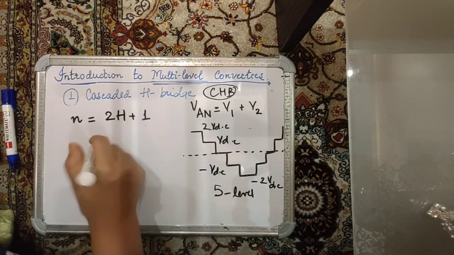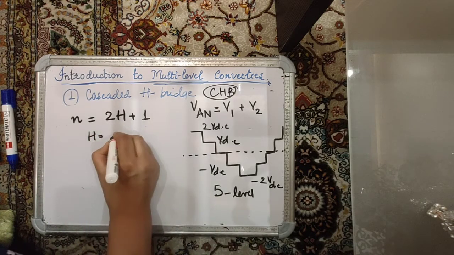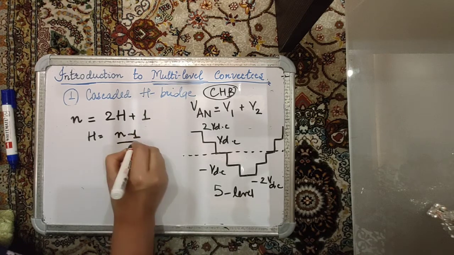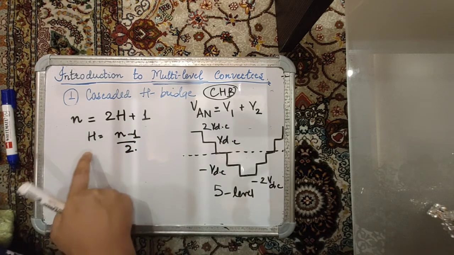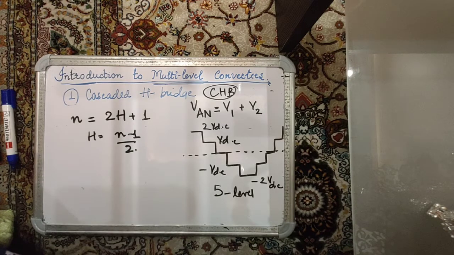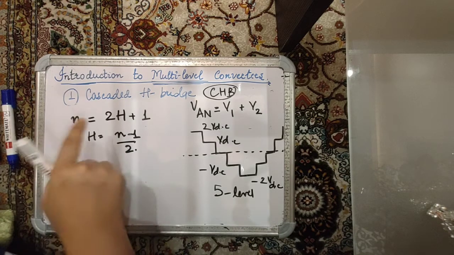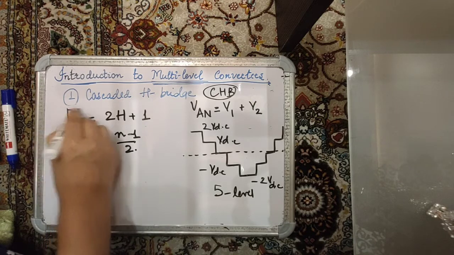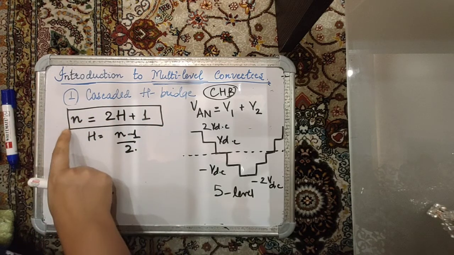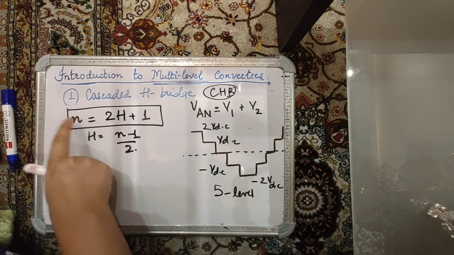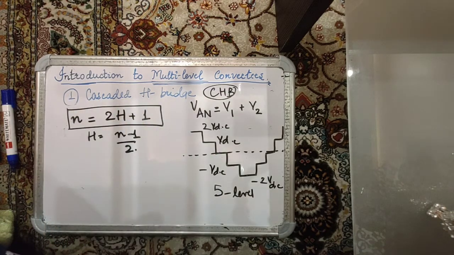Or you can also simply manipulate this and write it as H equals n minus 1 by 2, which means depending upon the number of levels that you want, you will select the number of H bridges that you want per leg, right? This also tells you that no matter what number of H bridges you use, the output phase number of levels in a cascaded H bridge multi-level converter will always be an odd number, because 2H plus 1 will always be odd.